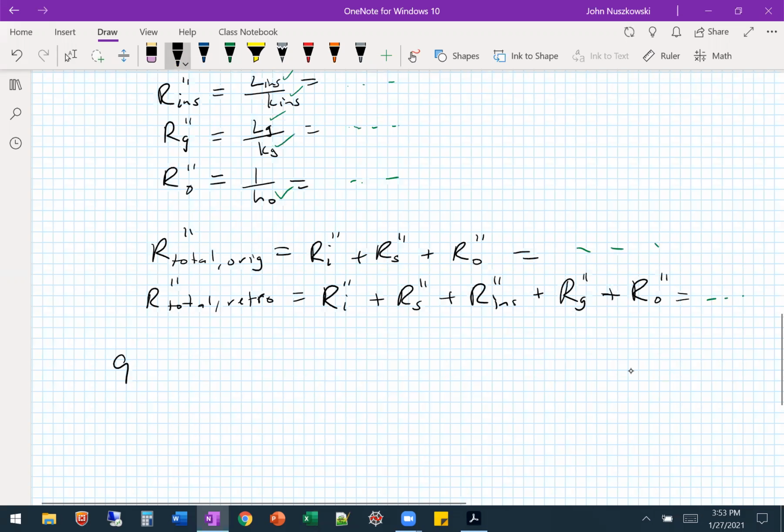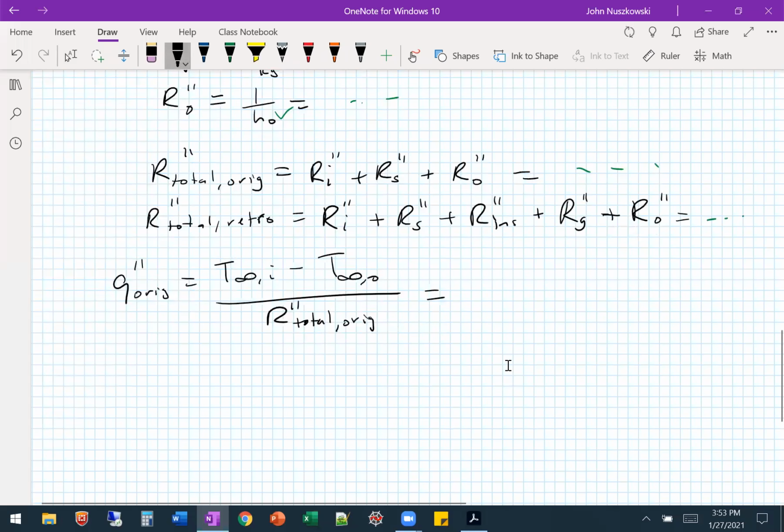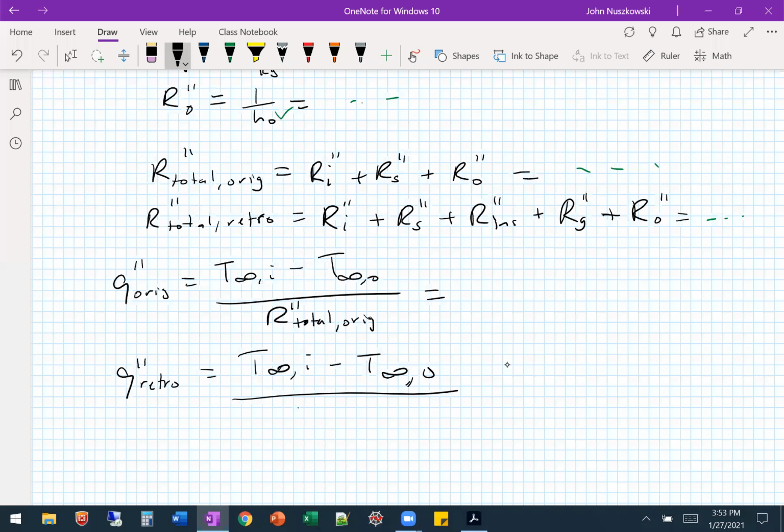So we have the original T infinity inner minus T infinity outer divided by R total original. And then our retro has the same temperatures across it, because it's the same air temperature being controlled on the inside of the dorm, and the same outside temperature.